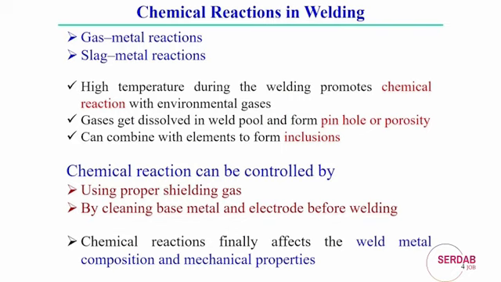So, if we clean the workpiece surface and the electrode material before use, we can reduce some of the contamination of the molten pool. Finally, chemical reactions affect the final weld joint properties, because they become part of the final composition of the weld, and that indirectly affects the mechanical properties of the weld joint.